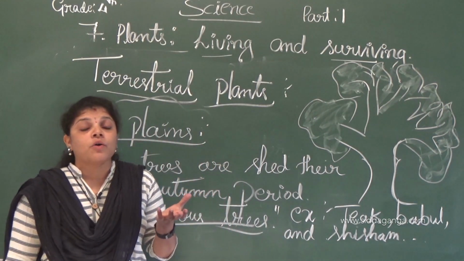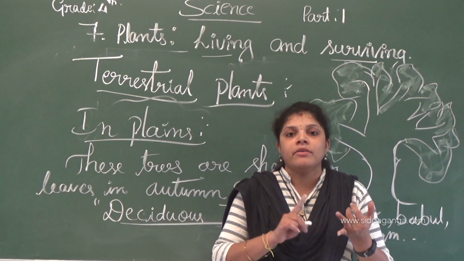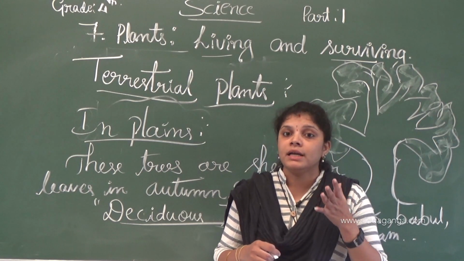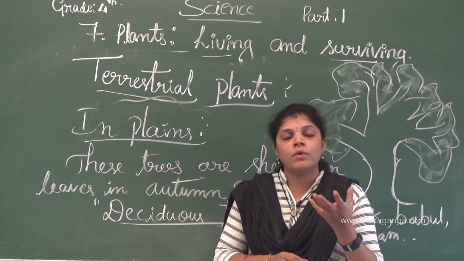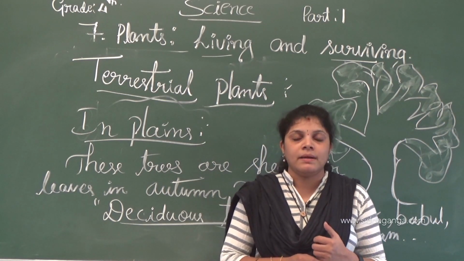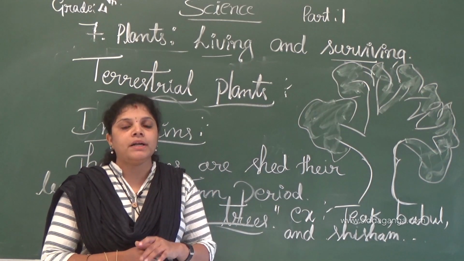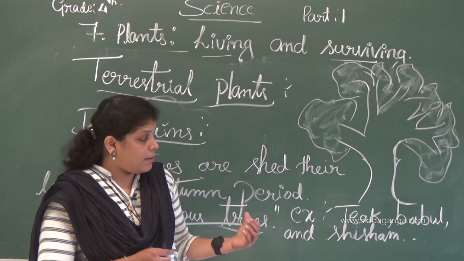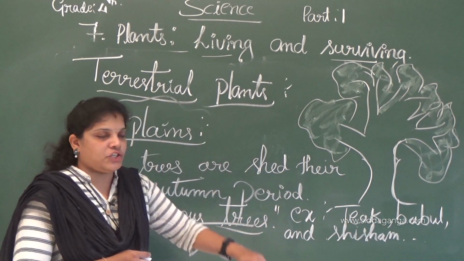Examples for cold and hilly area trees: pine, fir, spruce. So these are all examples of cold and hilly area trees. What do we call them? Evergreen trees. But in plains they shed their leaves in autumn period, so that's why we call these deciduous trees. Examples for deciduous trees: teak, babul, and shisham.